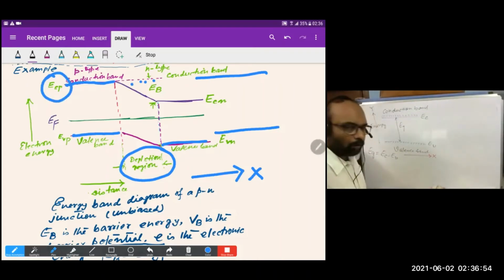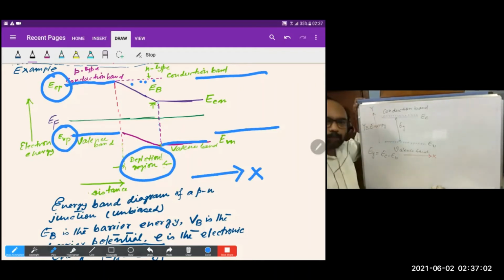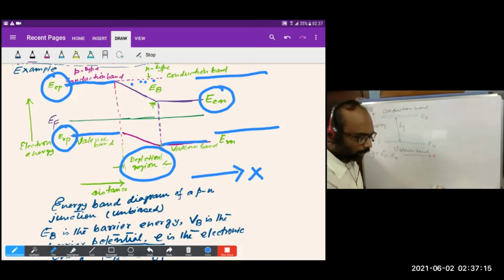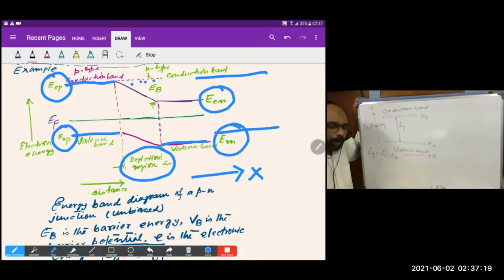ECP is the conduction band of the P-type material. EVP is the valence band of the P-type material. ECN is the conduction band of the N-type material, and EVN is the energy of the valence band of the N-type material.